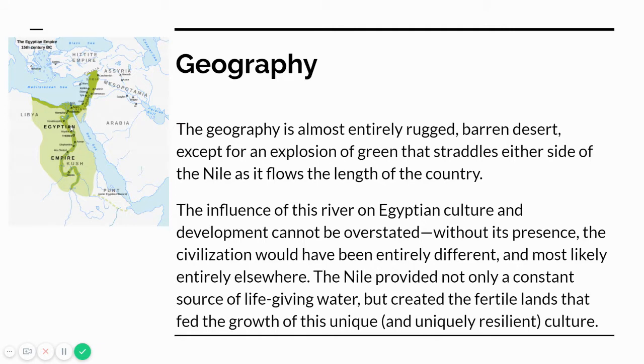The influence of this river cannot be overstated. Honestly, without its presence, the civilization would not only be different, but it probably wouldn't even exist here. The Nile River is what gave all life-giving features to this region, created fertile lands, and provided water and irrigation.